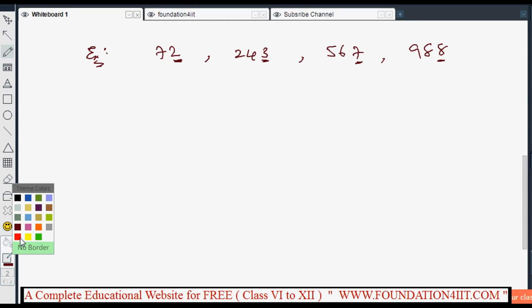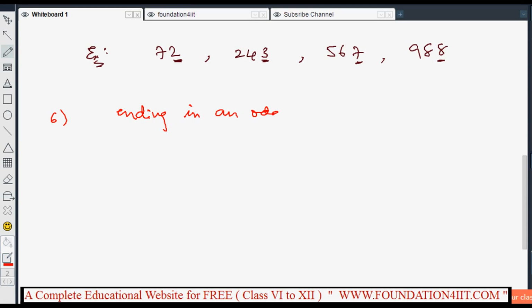And one more rule which is never a perfect square: a number ending in an odd number of zeros is never a perfect square.